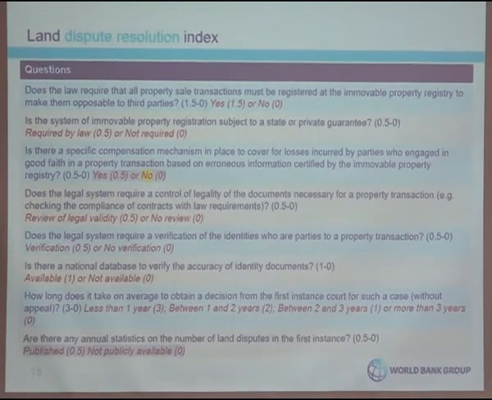So there's only half a point that is missing, and that's the question where we highlighted the no in yellow. This question has to do with whether there is a specific compensation mechanism in place in order to cover for losses that are incurred by parties who engage in good faith transactions based on erroneous information that they receive from the Immovable Property Registry.